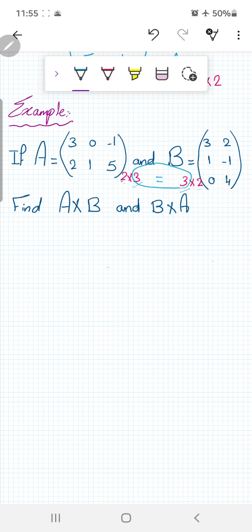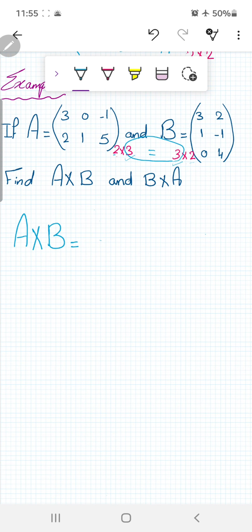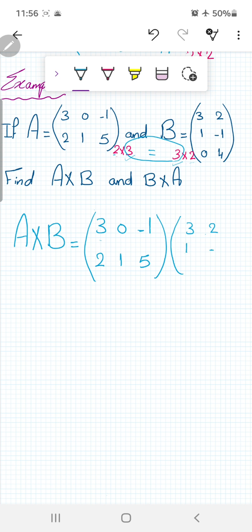Okay, let's get A times B. Here A multiplied by B. Write the two matrices. A, which is 3, 0, negative 1, 2, 1, 5. B, 3, 2, 1, negative 1, 0, 4.